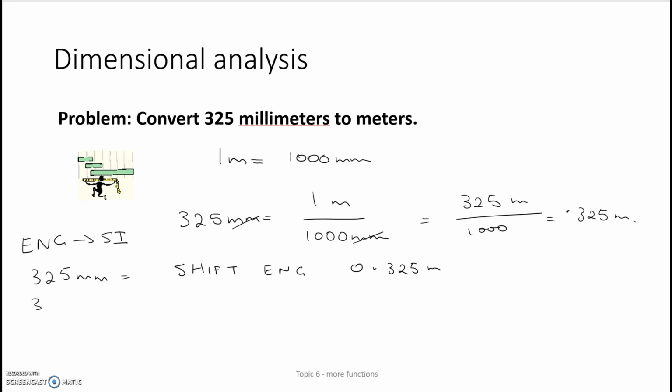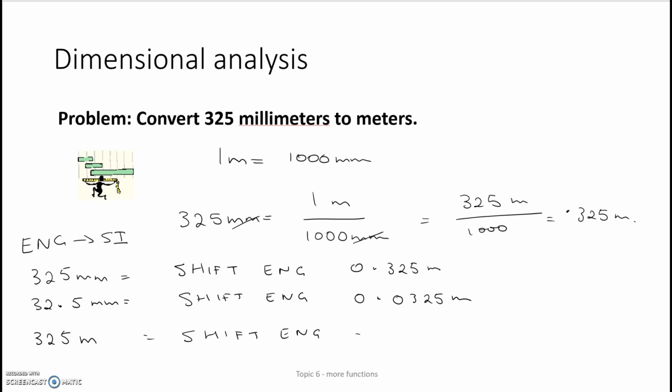If we had, for example, 32.5 millimeters, we'd do the same, shift eng, and we would get 0.0325 meters. If we had a different calculation this time, if we had 325 meters, then we go shift eng, and we would come up with 0.325 kilometers.